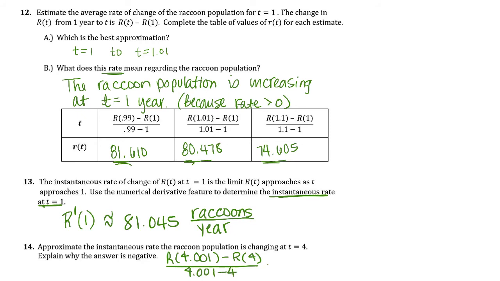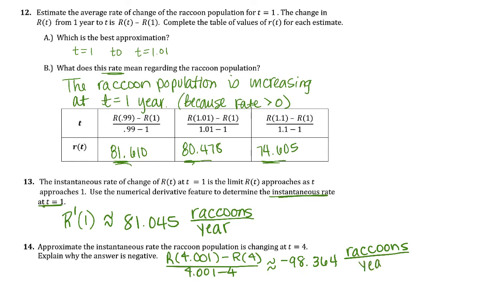Once we put that in our calculators, it is going to be approximately negative 98.364. And again, we must include our units. We don't need to drop those. And that's going to be raccoons per year.